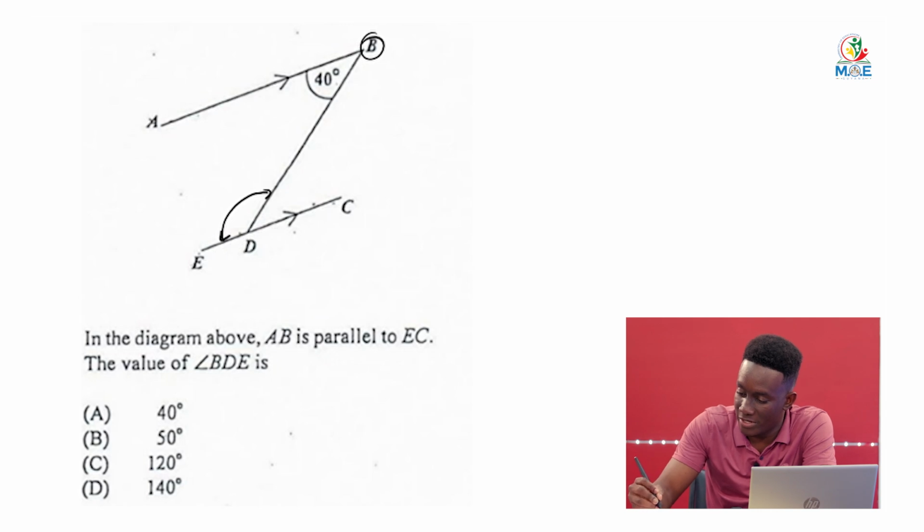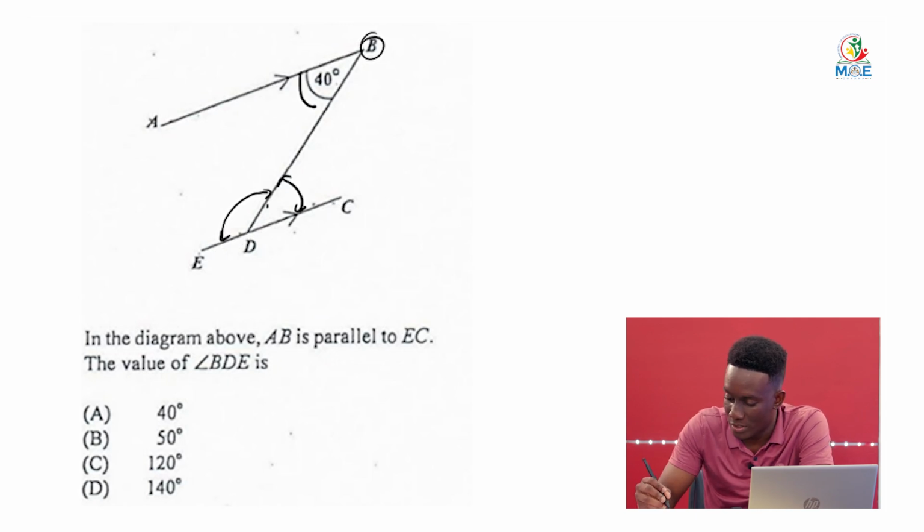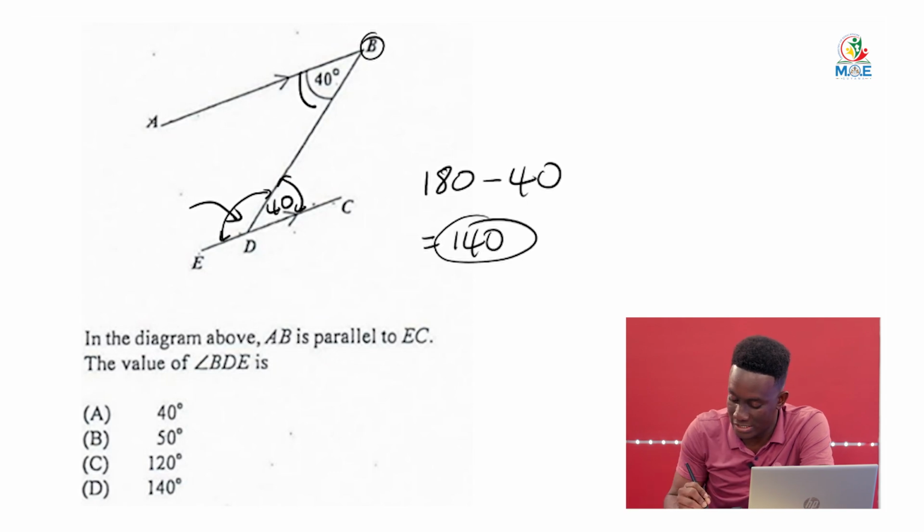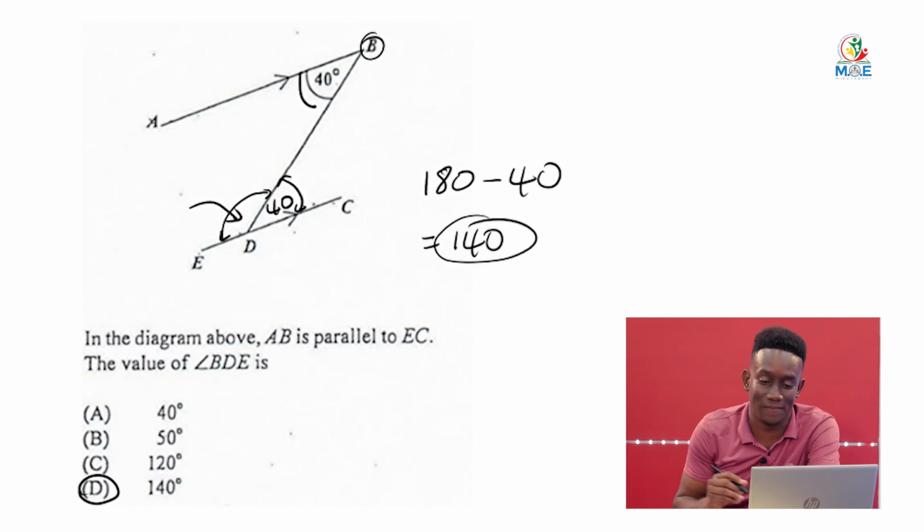So if here is 40, because of this Z, here will be 40 as well. So in order to find angle BDE, it will simply be 180 subtract 40. So 180 subtract 40 would be 140 degrees, which is nice and easy, D.